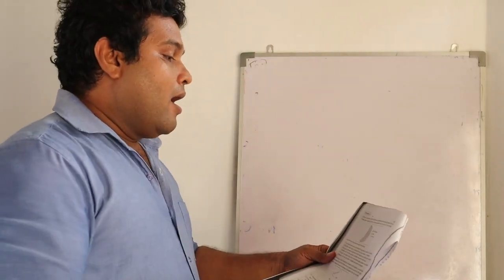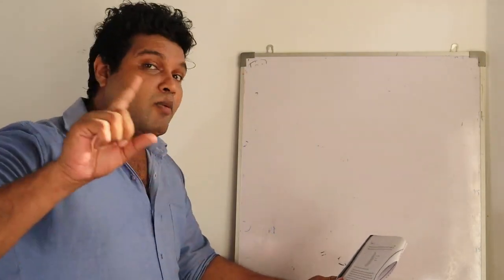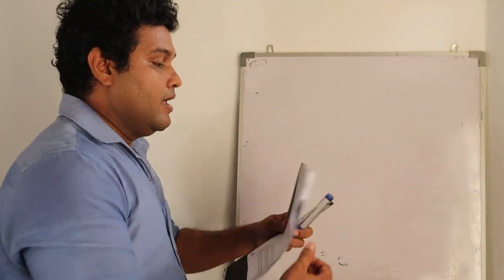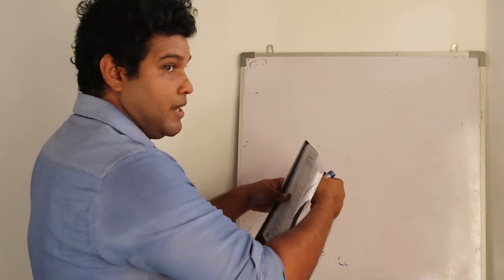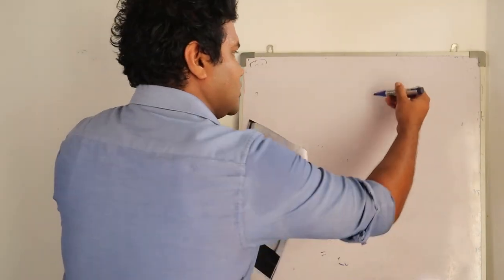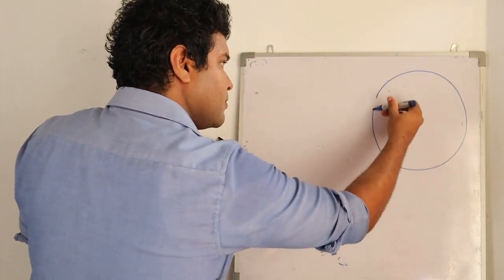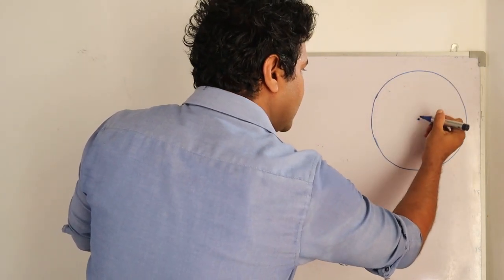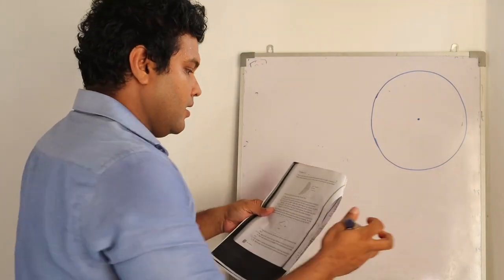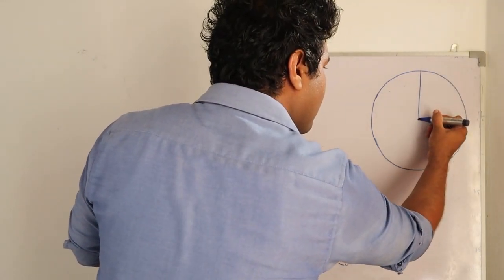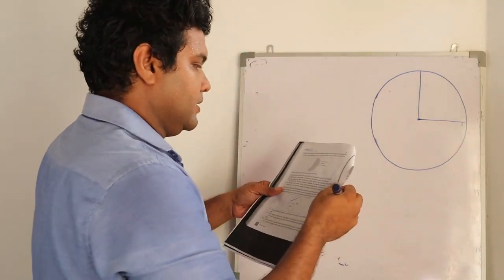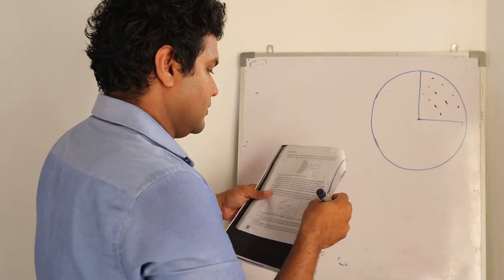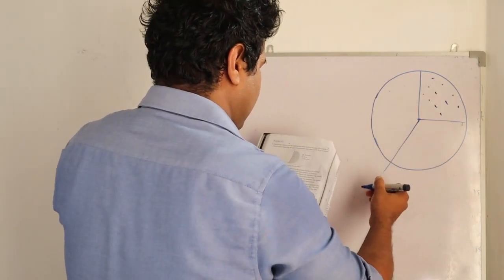Now I'm going to discuss question number 1 of exercise 11.2. Get ready with me. Before we read, I think it's better to draw the pie chart. Okay, students, there's a pie chart given, using a dot pattern and radio.